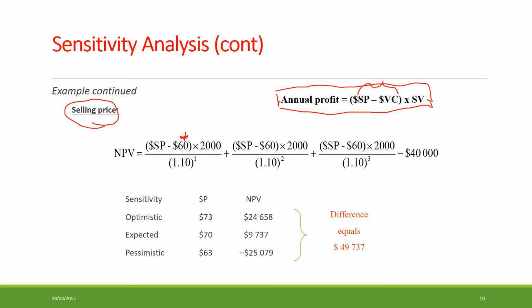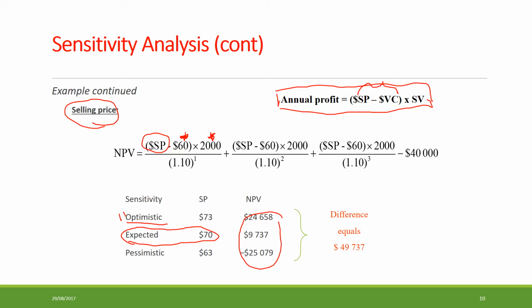We keep the estimate for the variable cost fixed and the estimate for the sale volume fixed. We want to change the estimate for the sale price to see how our NPV changes. So what we have here is what we did before. This is the expected value of the selling price.